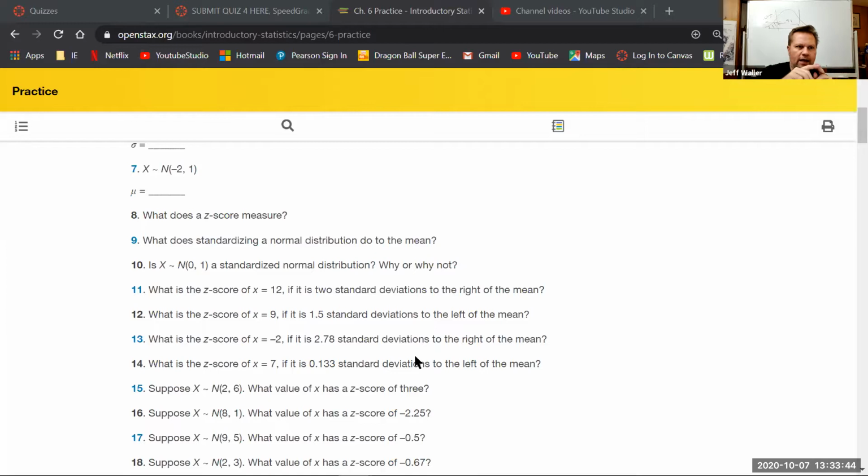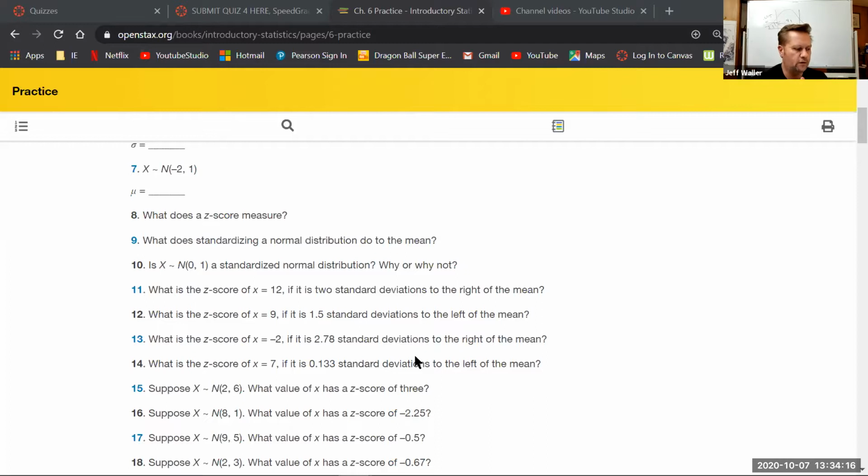If I said I am 5 inches away from that wall, or I am 5 miles away from the nearest Denny's, it doesn't matter. I've chosen different units based on how spread out those things are in general. I would use appropriate units based on how spread out things are. So that's what a standard deviation is. It's like a tick mark on a ruler, and the z-score is the actual measurement I make.